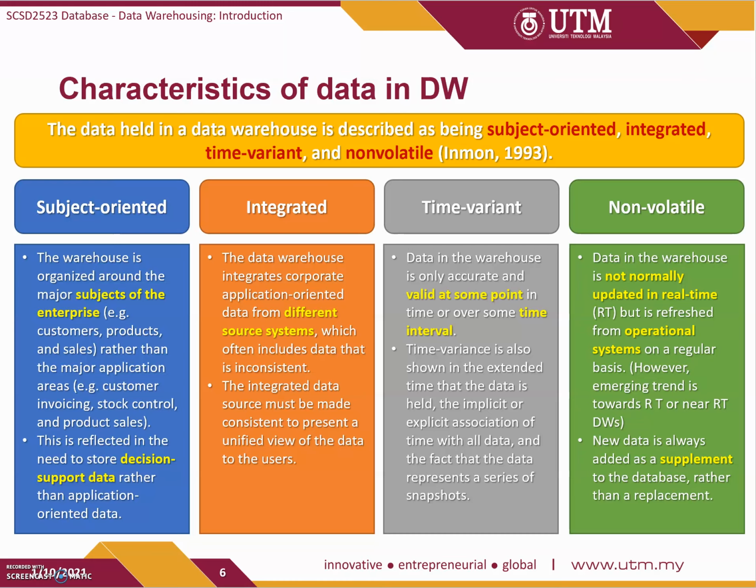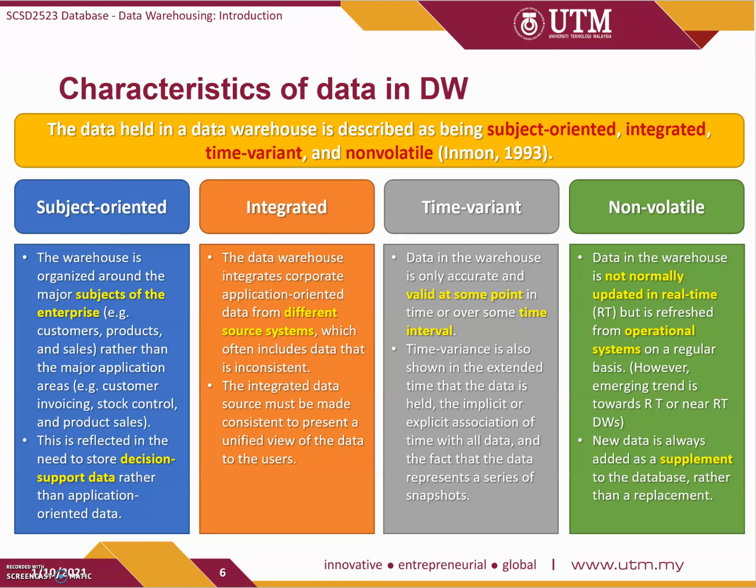Secondly, we have integrated. The data warehouse integrates corporate application-oriented data from different source systems. Usually this will include data that is inconsistent, so you want to integrate these data sources. The integrated data source must be made consistent to present a unified view of the data to the users.